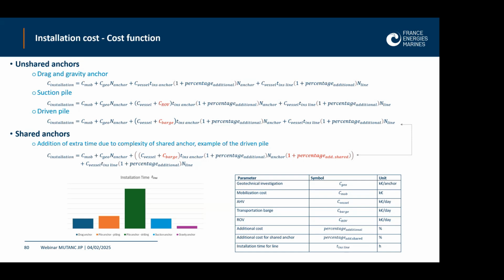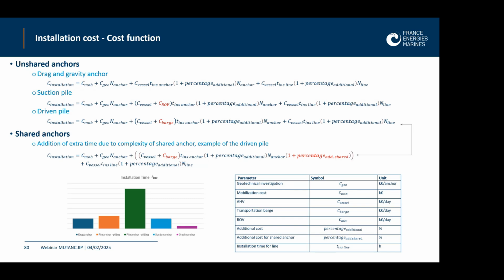Then there is a cost linked to the vessel cost and the installation time of the anchor. The installation time will depend on the anchor type, and everything will be linked to the number of anchors. We added an additional percentage to take into account weather window, transit, etc., that is not taken into account in this cost function.